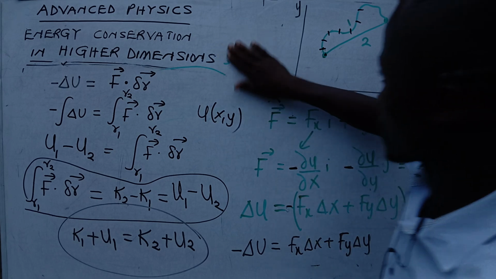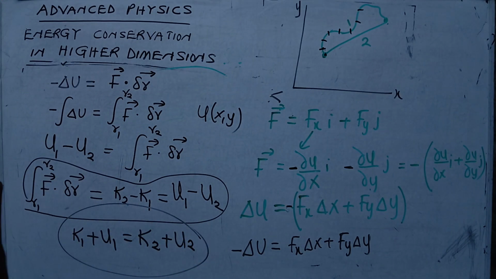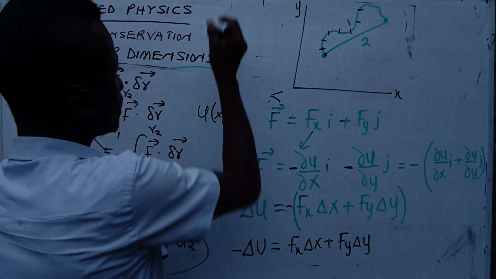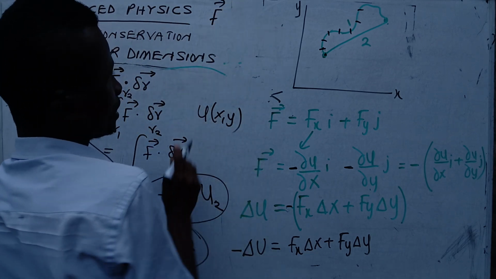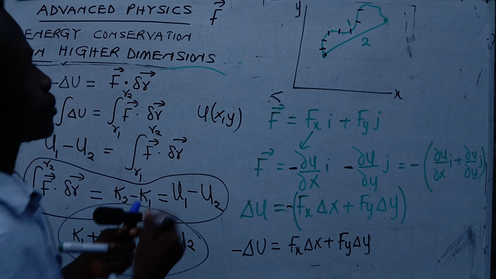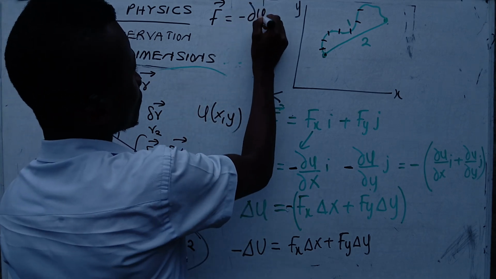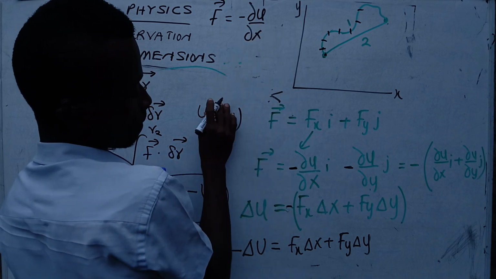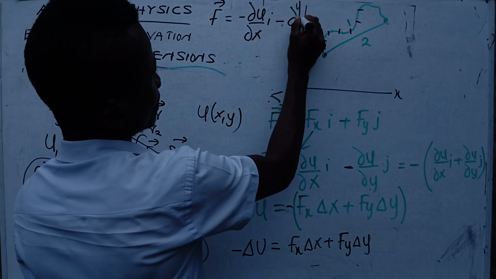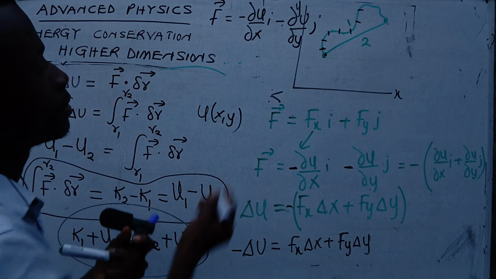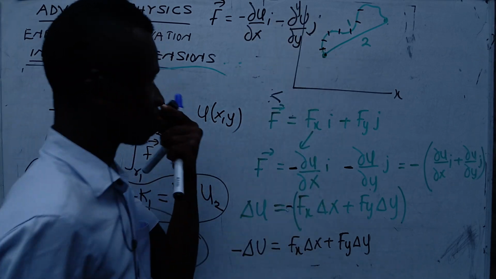Okay, so let's take on the higher dimensional energy conservation. Now we've now seen that a force is defined from a change in the height function. So that is equal to negative partial derivative of u with respect to x, i, minus partial derivative of u with respect to y, j. That is what we call a conservative force.